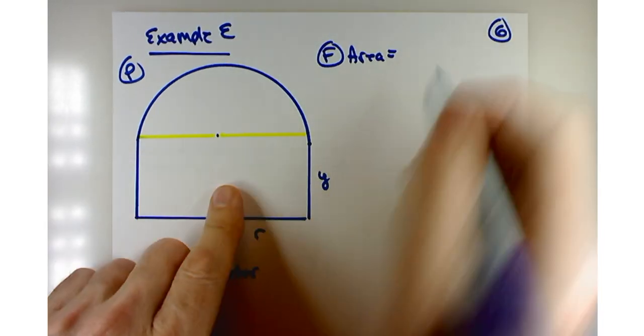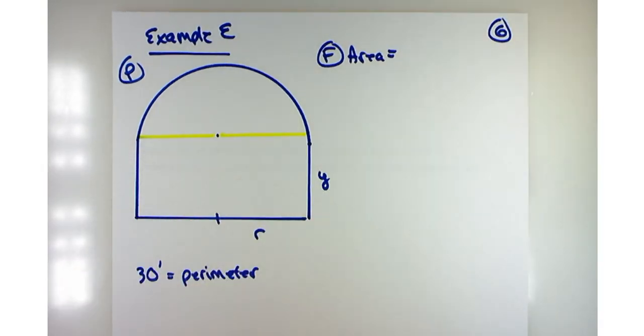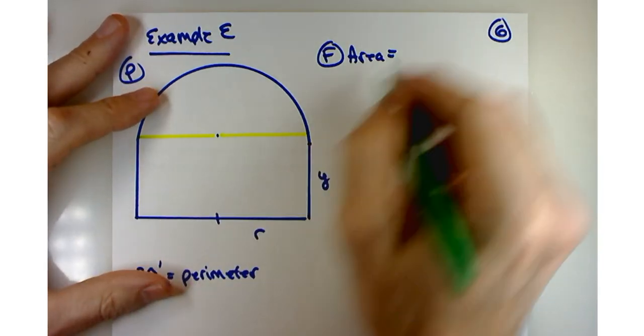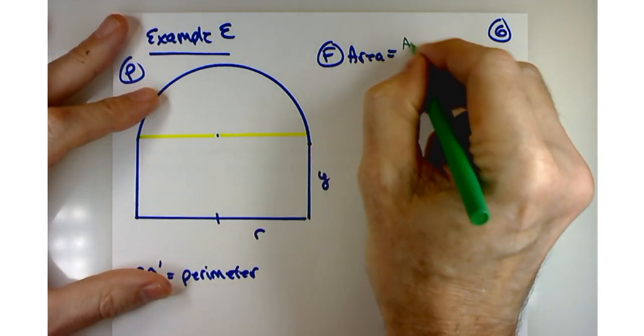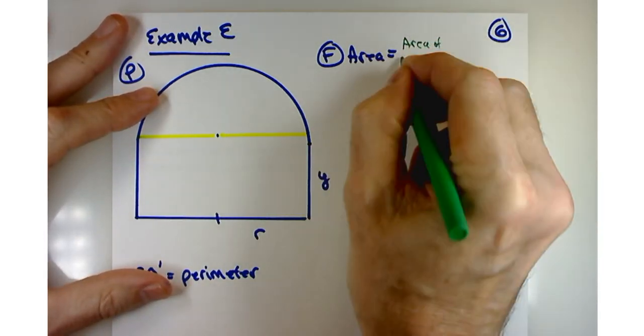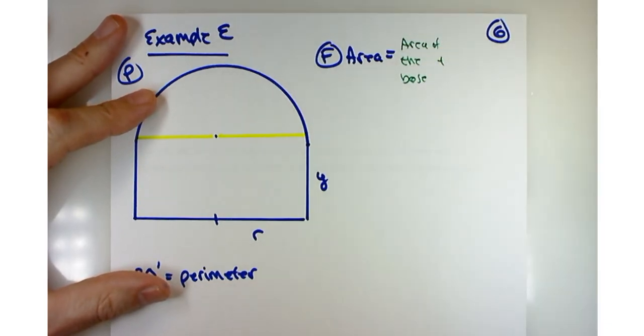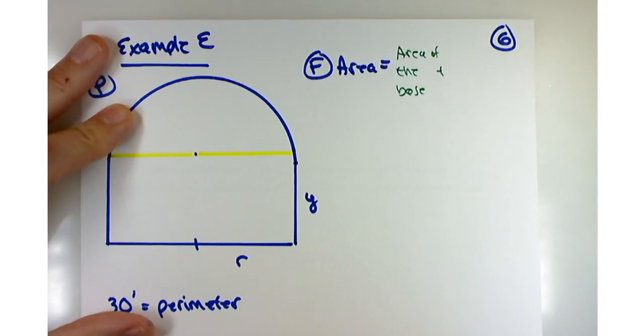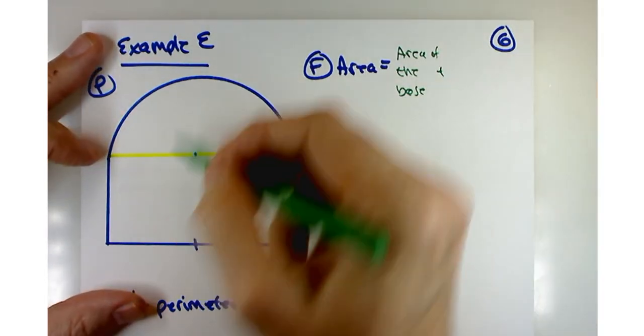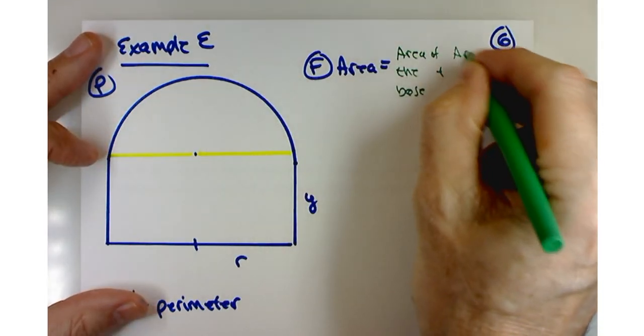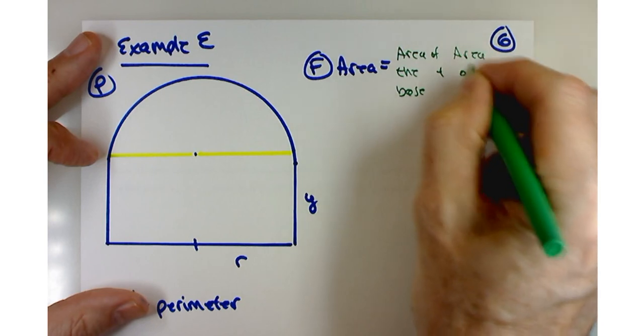So the area is going to be made up of two parts. It's going to be the area of the base, plus what? Area of the semicircle.